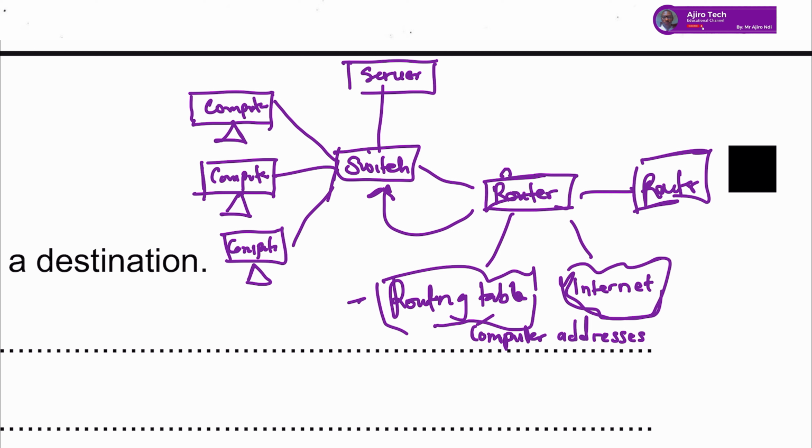Now, this is very important because the information about the router is within that routing table. So when a packet reaches the router, it is able to examine it, and once it has examined it, it will know this is for this, this is for this. That is why modern routers have the function of a router and a switch.